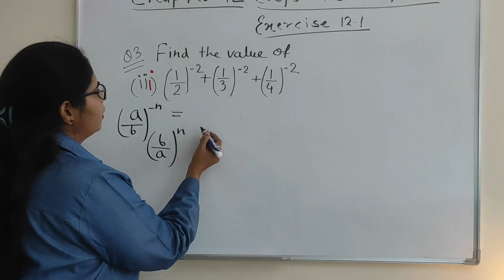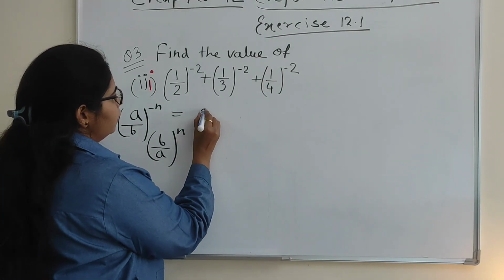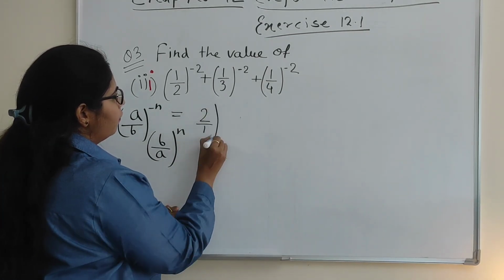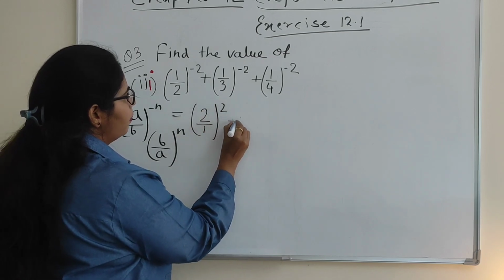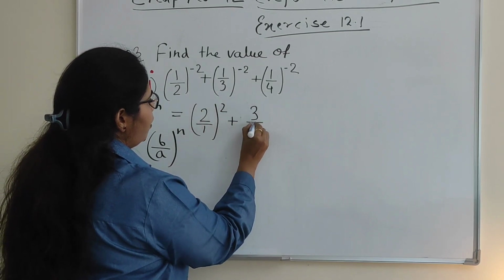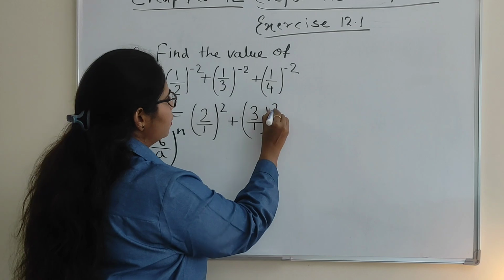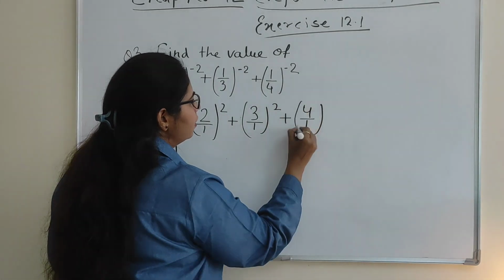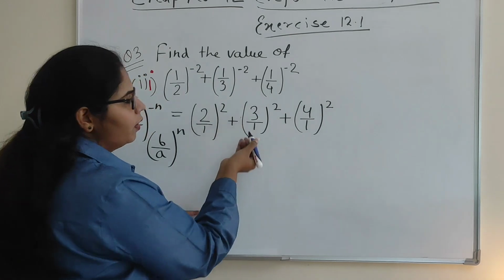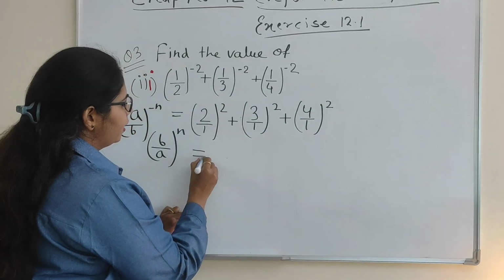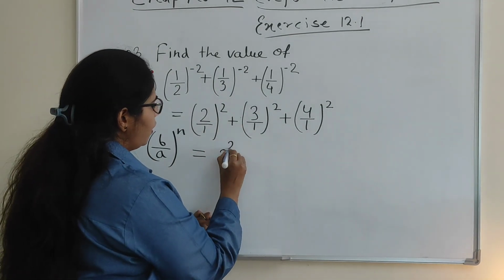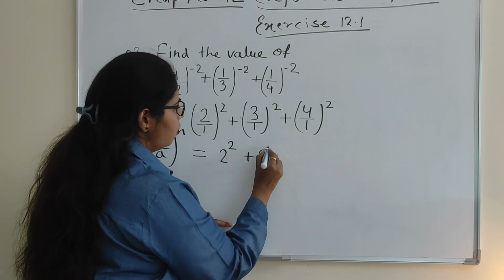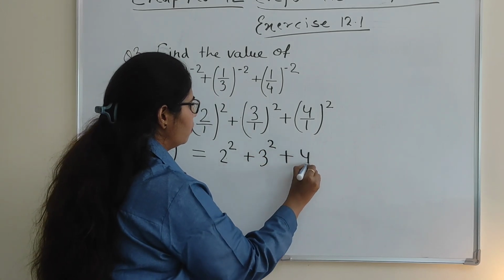So the same concept we have to use. 2 upon 1 square plus 3 upon 1 square plus 4 upon 1 square. Now 1 square is 1 only, so better to write it as 2 square plus 3 square plus 4 square.